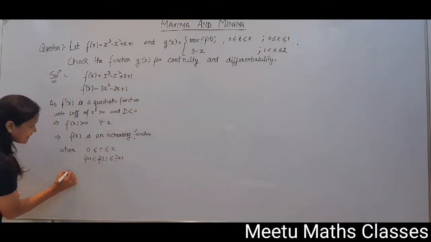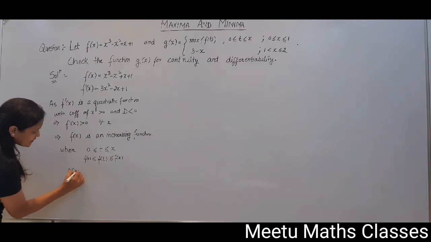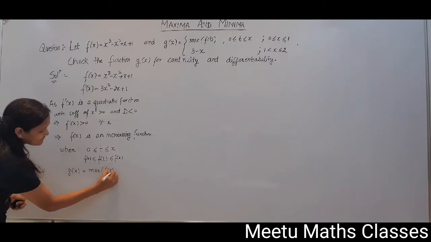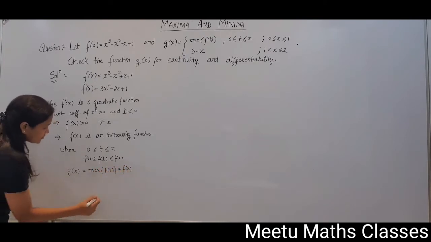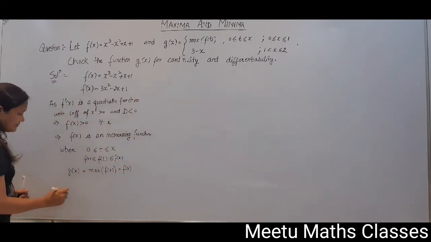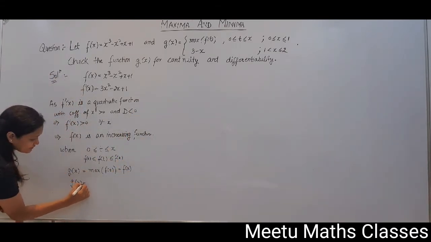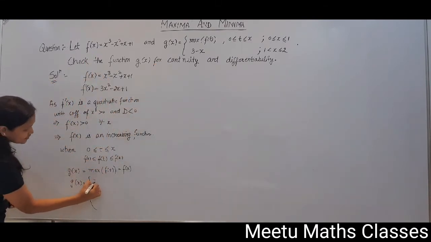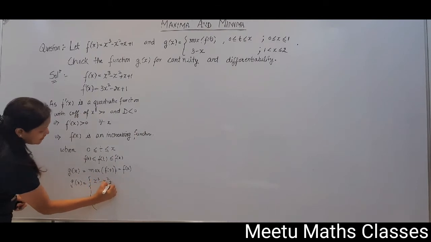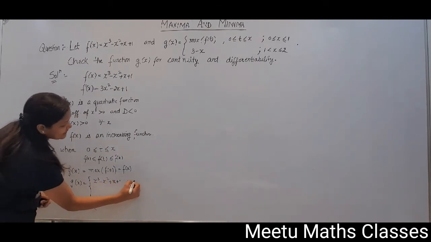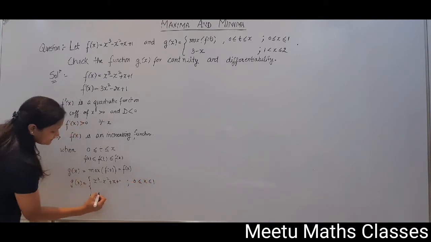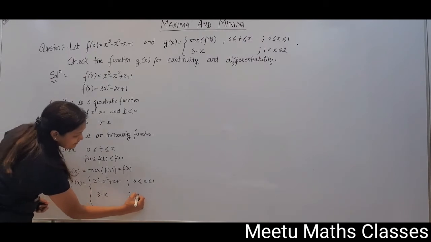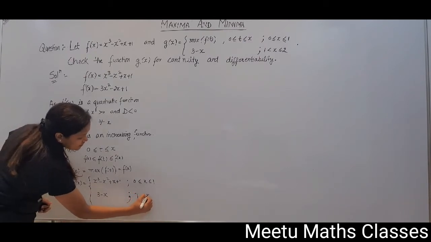So g(x) is equal to the maximum of f(t), and that is f(x). So your g(x) function can be defined as x cube minus x square plus x plus 1 when x is lying between 0 to 1, and 3 minus x when x is lying between 1 to 2.